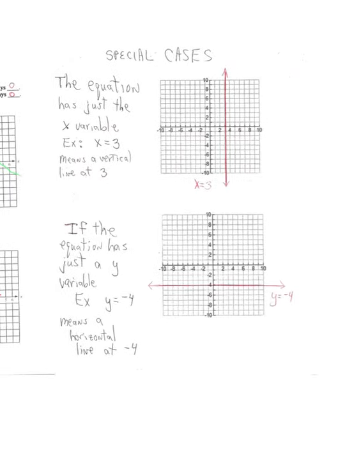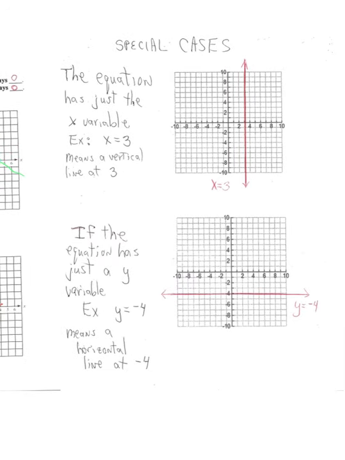One last statement. There's a couple of these on the test and in the homework. Sometimes you get these special cases where there is only an x equals in the equation, or there's only a y equals in the equation. Everything else we've done has always been something x plus something y. But we have 2 special cases, equations of lines that have just x equals or y equals.